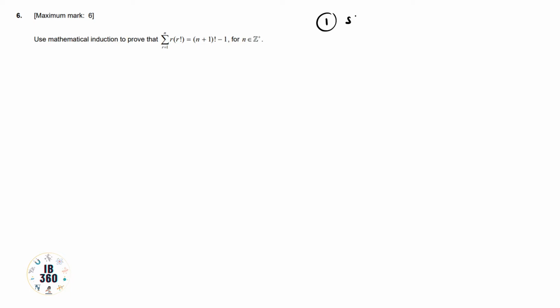First step, step 1, prove for n equals 1. The theoretical part is very important. If you understand this particular part, then the problem is easy for you.